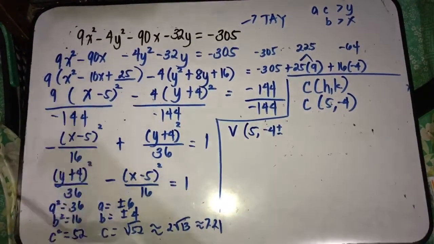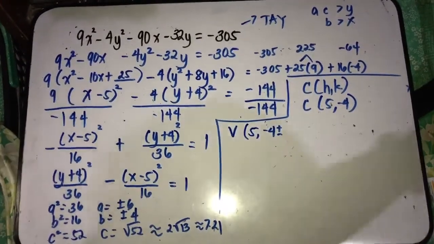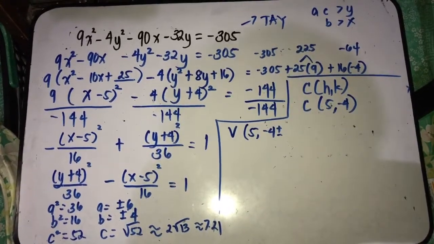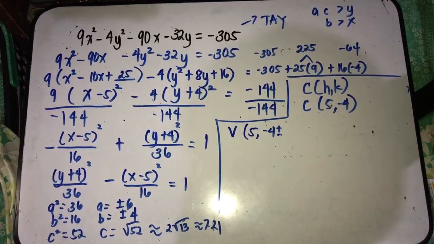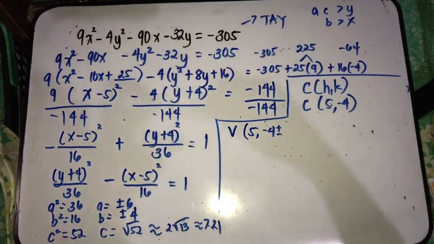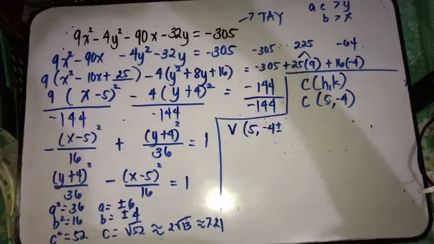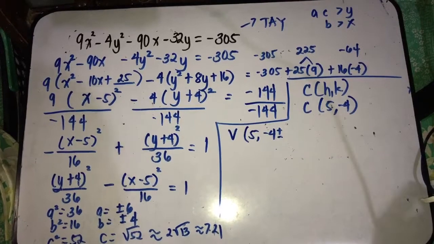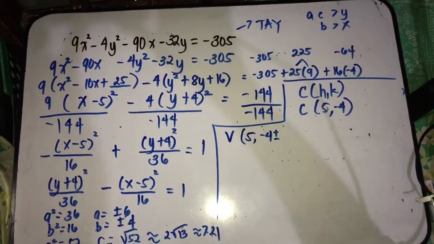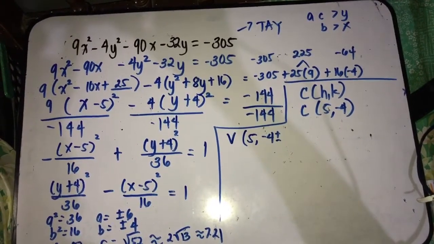Okay, so I guess we're now ready to solve for the coordinates of the vertices, the foci, and the co-vertices. Remember that the transverse axis is located in the y-axis. Therefore, the conjugate axis is located in the x-axis, not just x-axis, but parallel to the x-axis.